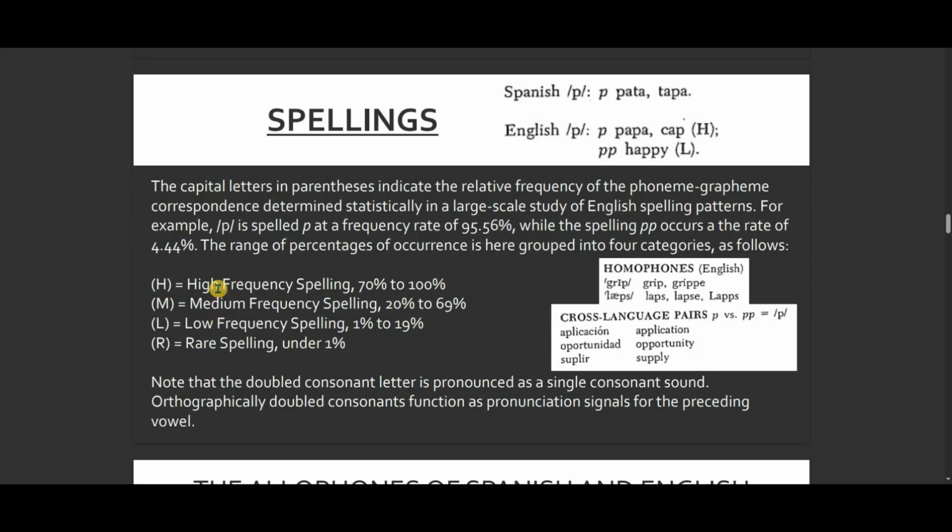For example, we can tell that P is spelled P at a frequency rate of 95.56%, while the spelling double P occurs at a rate of 4.44%. The range of percentage of occurrence is here grouped into four categories as follows.